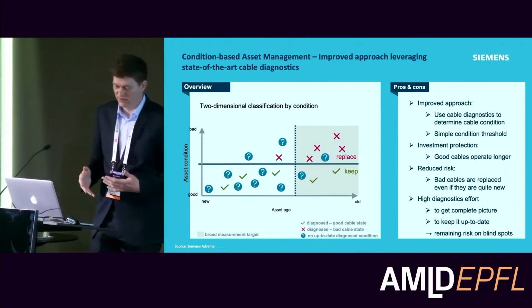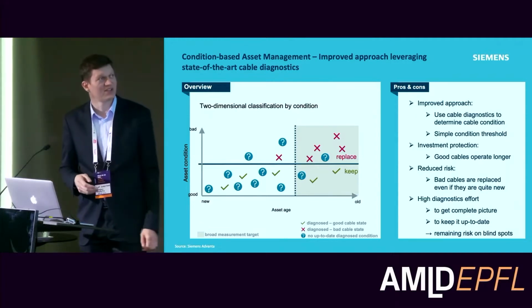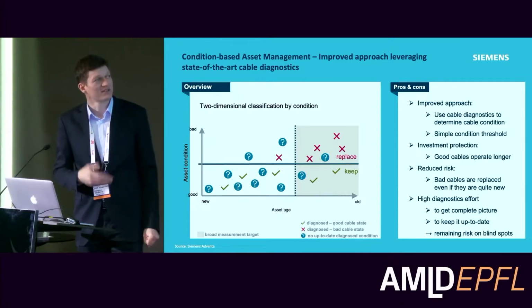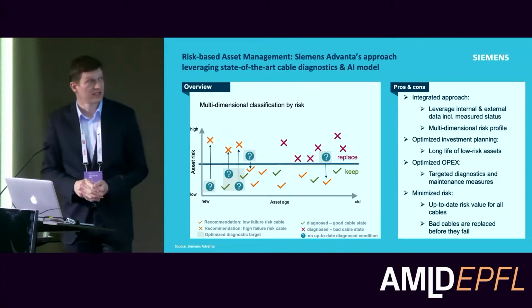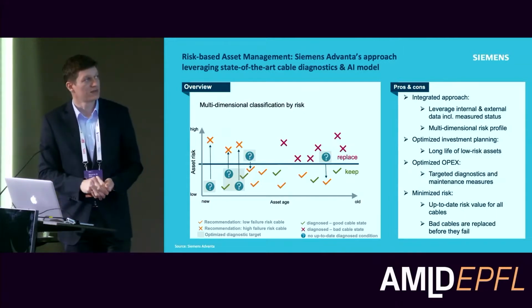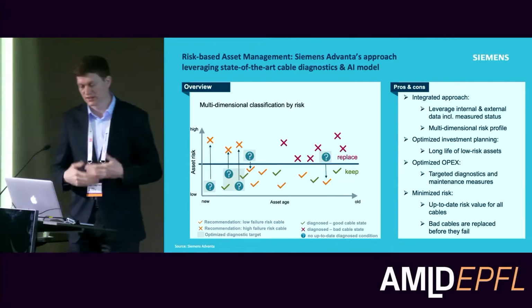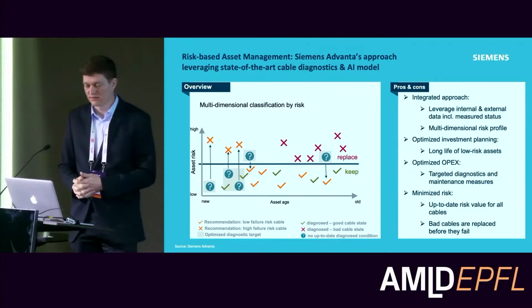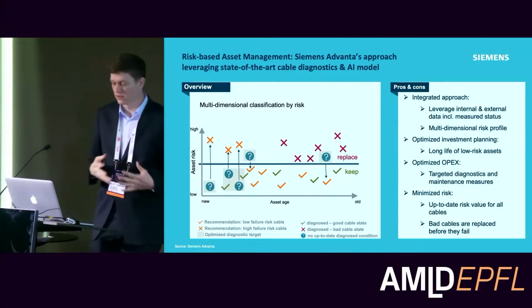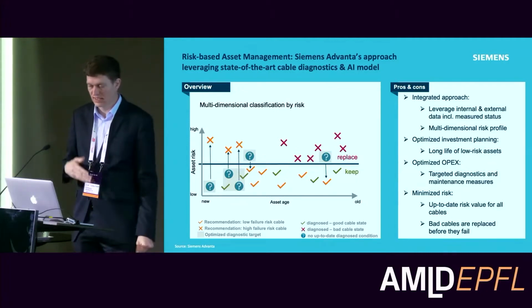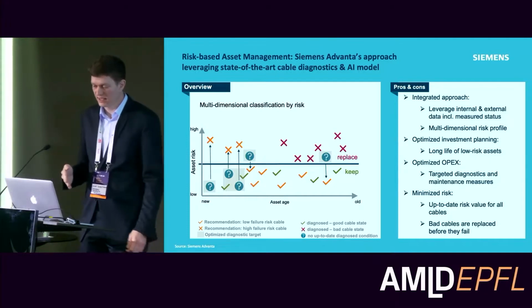So if we have some information on some of the cables, we can then of course apply machine learning to predict the state of the other cables. So now we have an asset risk that is modeled, and we can leverage internal and external data and also look at the influential parameters, and that way we can have optimized investment planning.